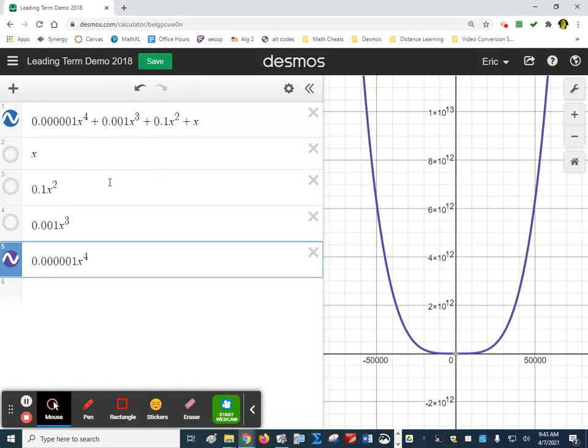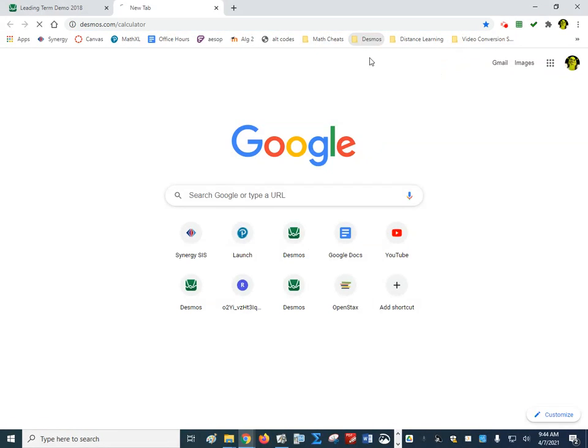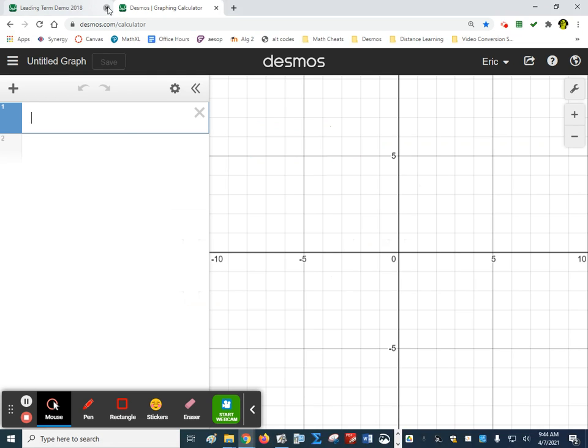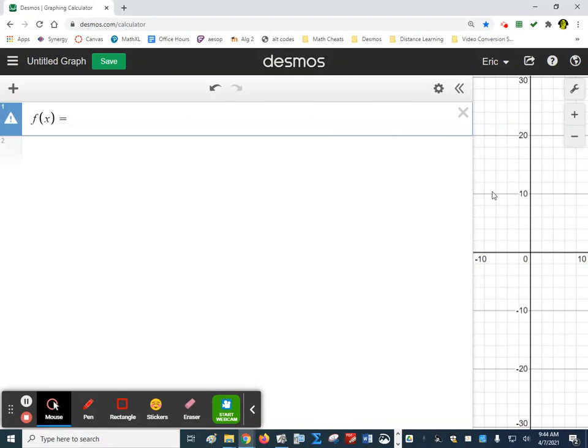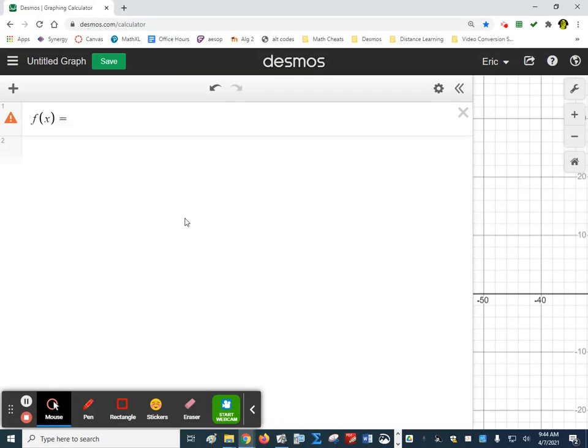Okay, I'm going to try to make this graph way over there, and let's just scoot it over so you can't see it right now.